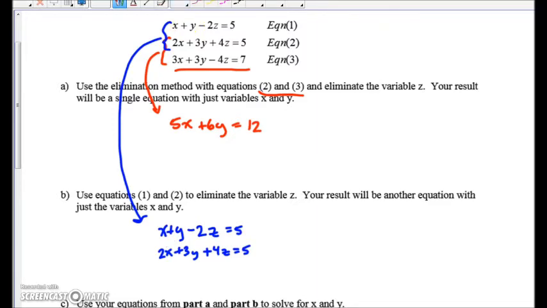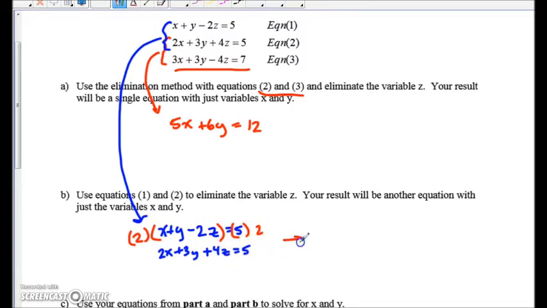Okay, so hopefully you paused and did some on your own. Hopefully you recognize, hey, I can get this situation to eliminate the z's if I get this coefficient of z to be a -4. So I'm going to multiply all terms in the first equation by 2. Just because it's the top doesn't make it a numerator, right?